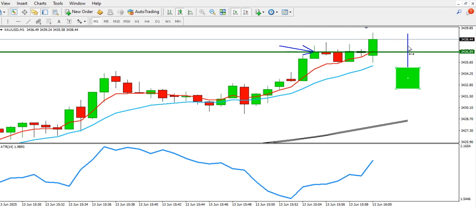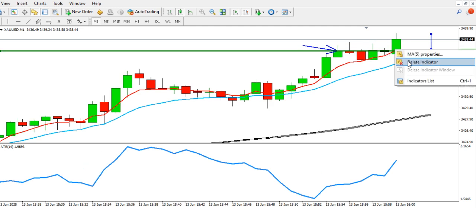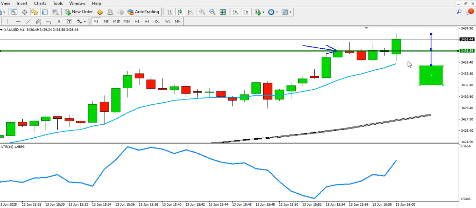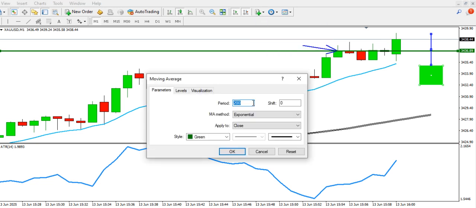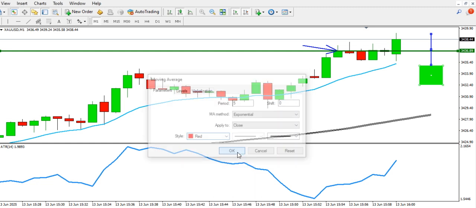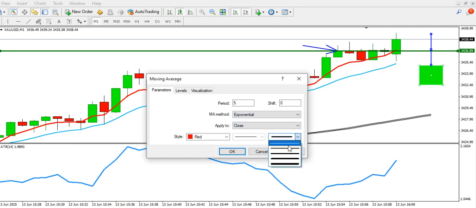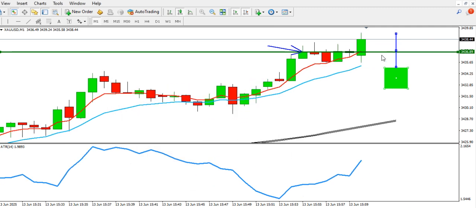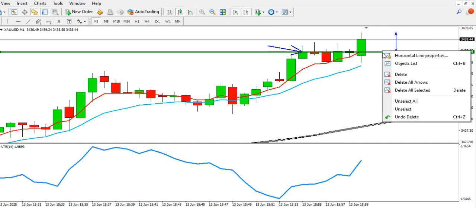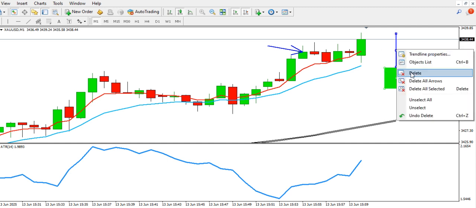Excuse me, I just deleted the 5 period moving average in error. So what I'm saying is your free floating candlestick must not have a long wick at the top.